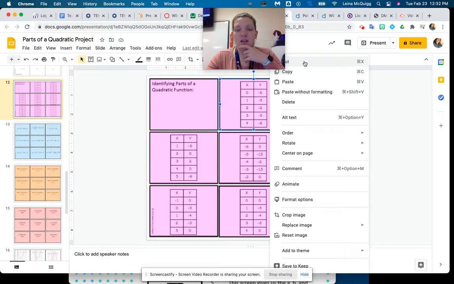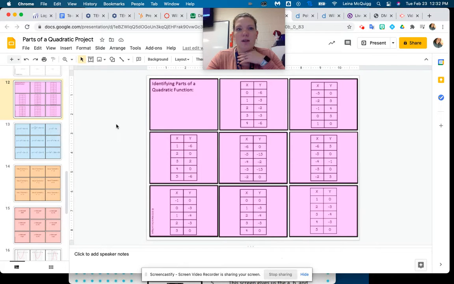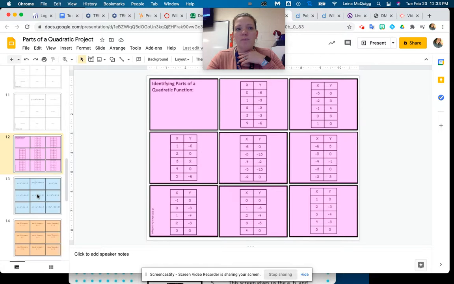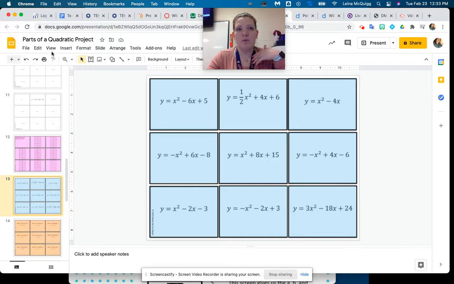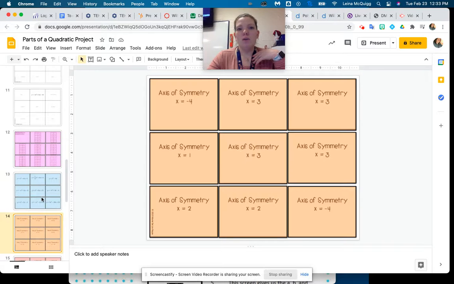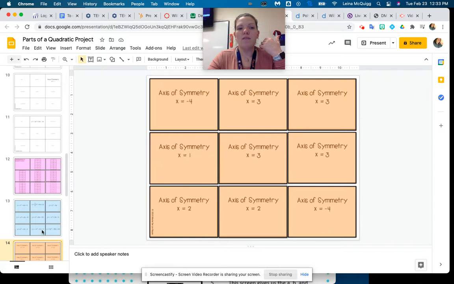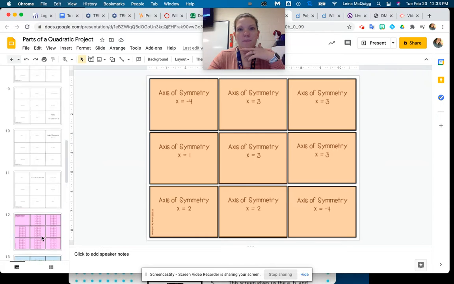Let's just cut it and we'll paste it onto the boxes where they belong. Every white page up here will end up having one of each color, okay?